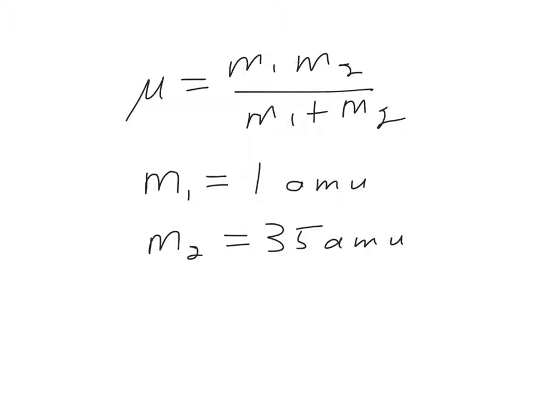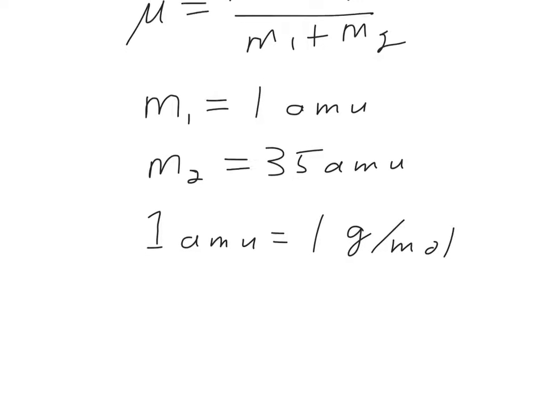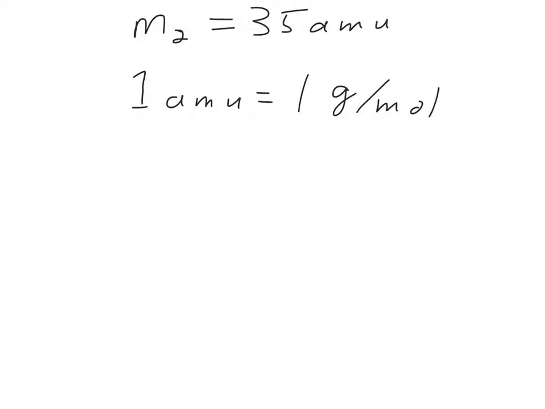Well, what is an atomic mass unit? 1 atomic mass unit is 1 gram per mole. So when I get this reduced mass in atomic mass units, it's not in SI units. The SI units are kilograms, but not per mole. So I have to do 2 conversions to get this into proper SI units of kilograms.